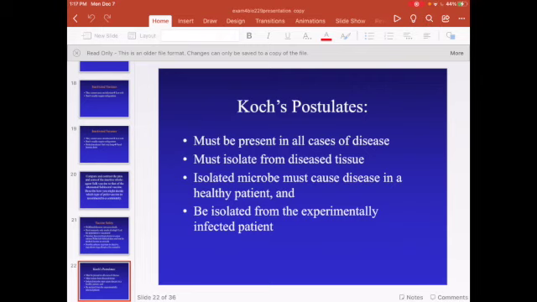Okay, so let's go back to Koch's postulates. The microbe must be present in all cases of the disease. They have since found many, many more patients whose stomach ulcers did test positive for H. pylori. Yes, we can isolate it from the diseased tissue, and yes, in his case, it did cause disease in a healthy patient, although you can't do that with anybody else but yourself.